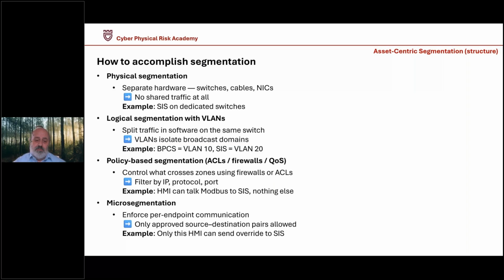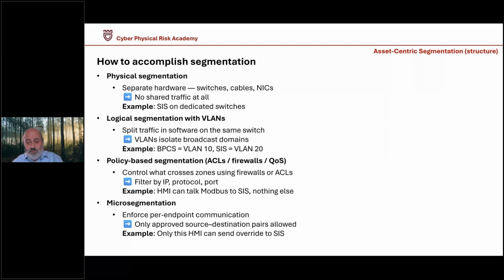kind of keep equipment separate, protocol separate, based upon access control lists and firewalls. We can make differentiations on quality of service, so we can start prioritizing traffic. So one type of traffic has a higher priority than another one, which is important in process control.